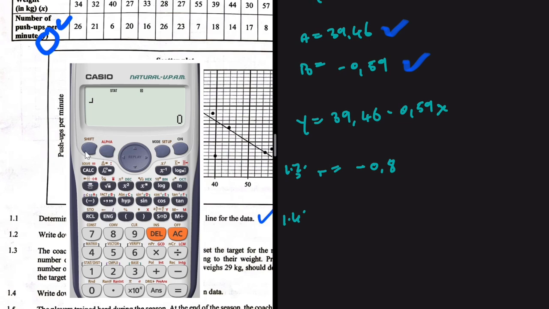but just to be safe, let's press shift 9, clear everything, exit stats, and just calculate the average manually. We want the mean number of push-ups, so our y bar is going to be equal to... Now we need to enter all those numbers of y.